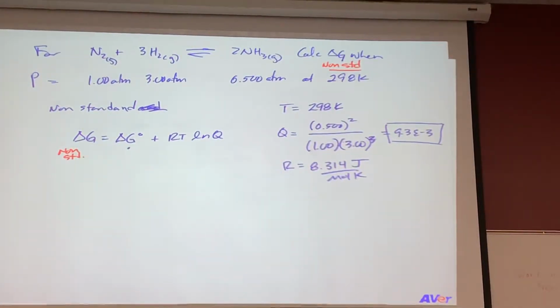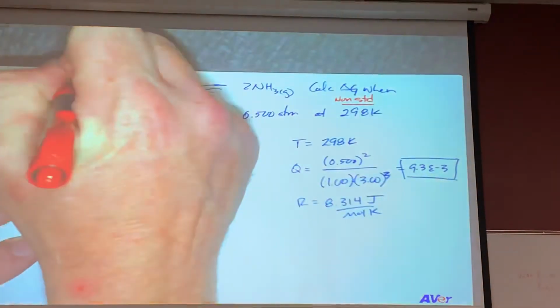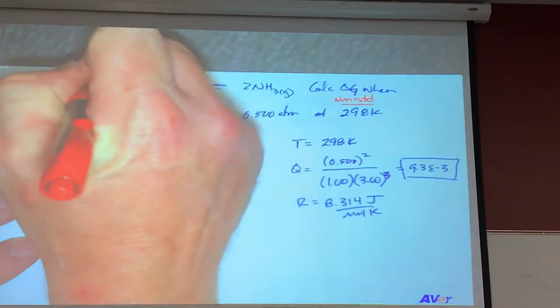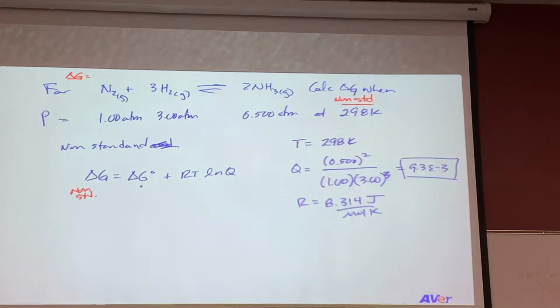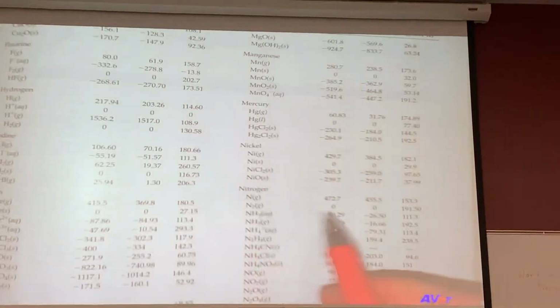In this case, let me put this in here. Do you remember your delta G for elements? No. That was 0. So let's go to nitrogen as gas.